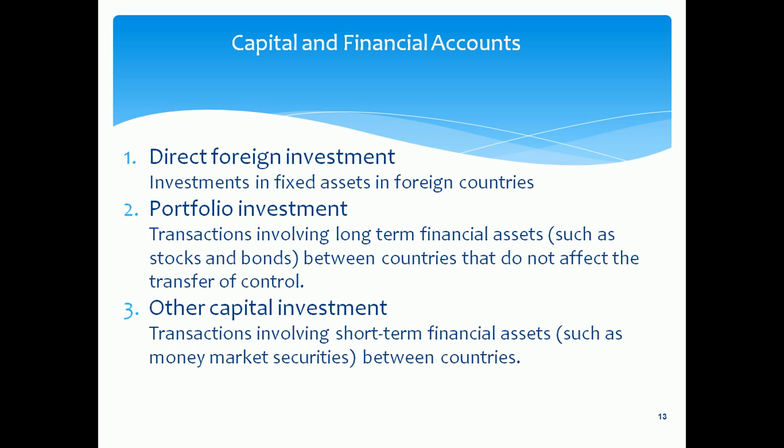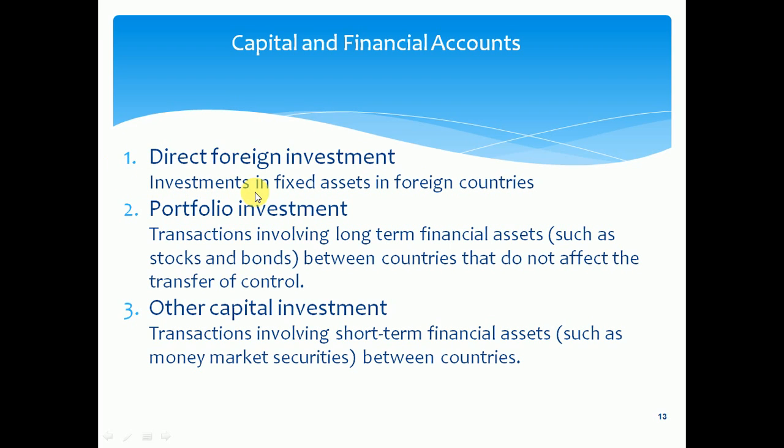Three components of the capital and financial account. The first component is direct foreign investment: investments in fixed assets in foreign countries. You know about fixed assets, and you know about DFI, direct foreign investment.